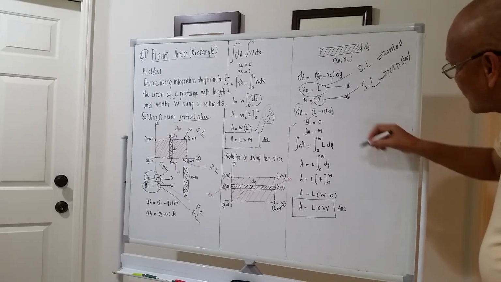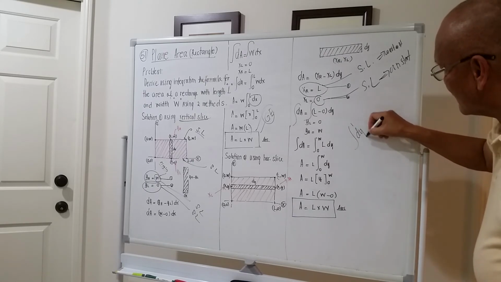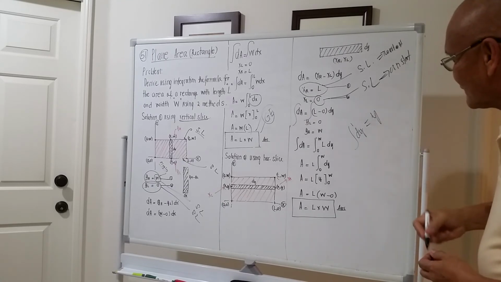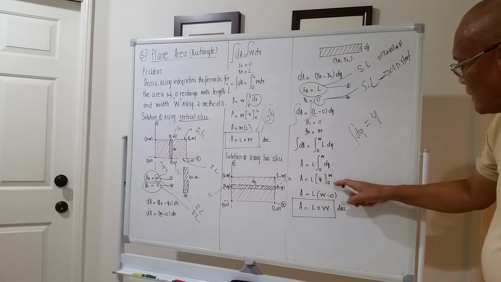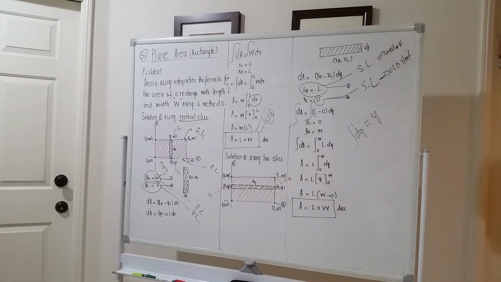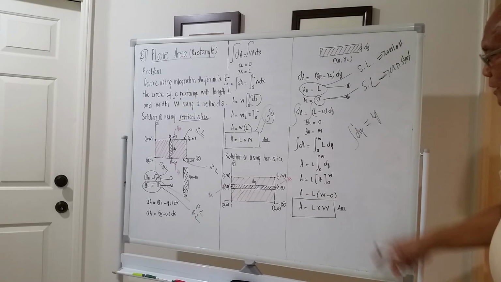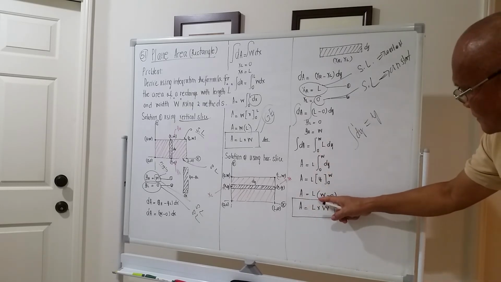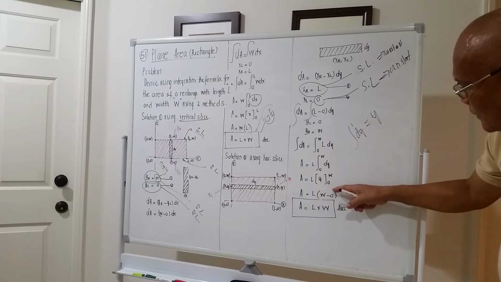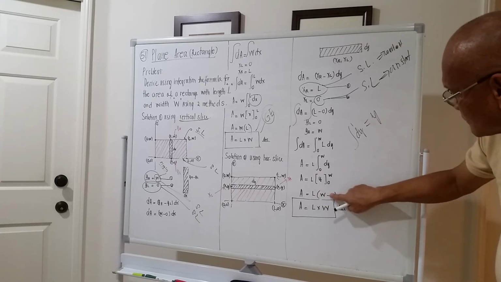And what is the integral of dy? It is y. So this is L times the quantity y with the limit from 0 to W. Substituting the upper and lower limit, area now will be length times the quantity: first upper limit is W minus the value of the lower limit 0. But this is 0 already.